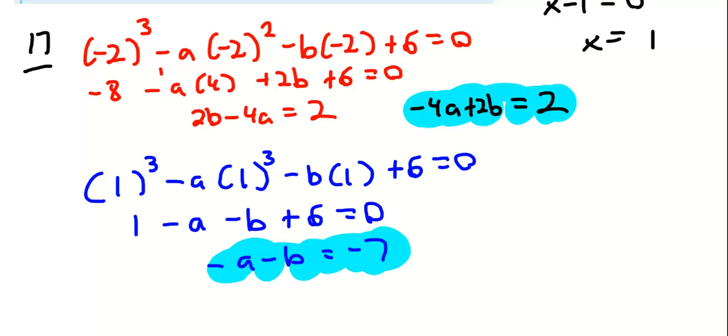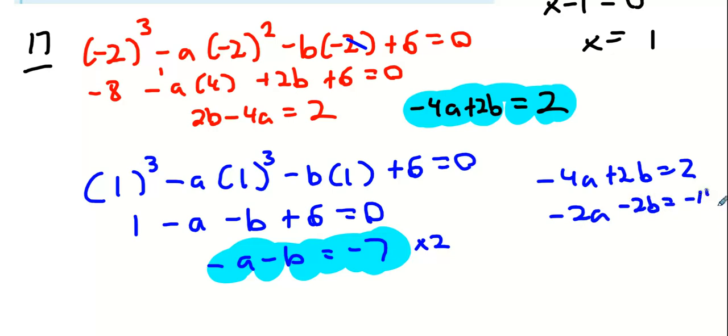Now, I'm going to multiply the bottom equation by 2. Sorry, plus 2b equals 2. Minus 2a minus 2b equals minus 14.